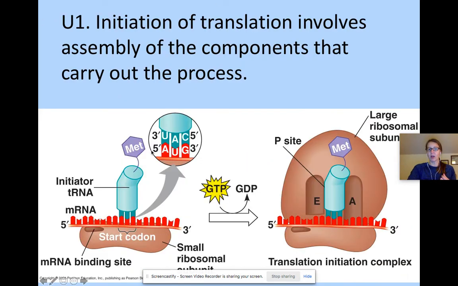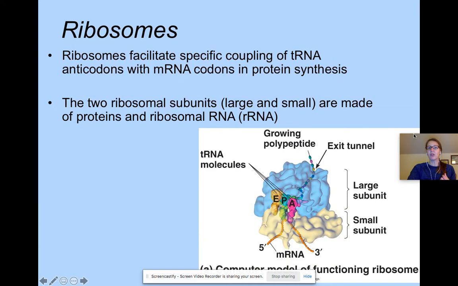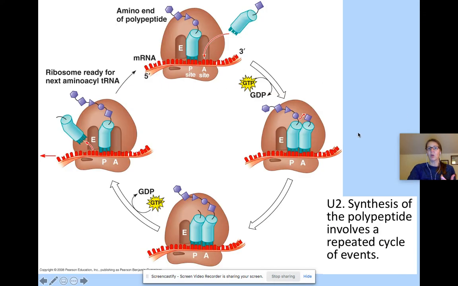Talk about initiation and all the different things that are important here, the assembly of the translation initiation complex and all those parts. Then you'll talk about elongation, which involves the A, P and E sites and those three parts: codon recognition, peptide bond formation, and translocation, always making sure you pay attention to those ribosomal docking points for the tRNA.